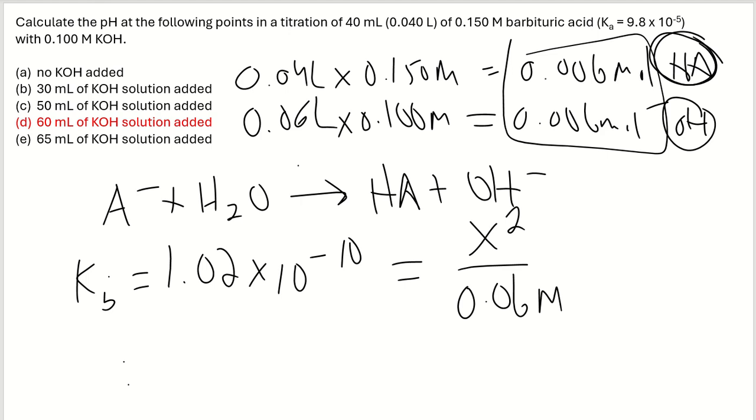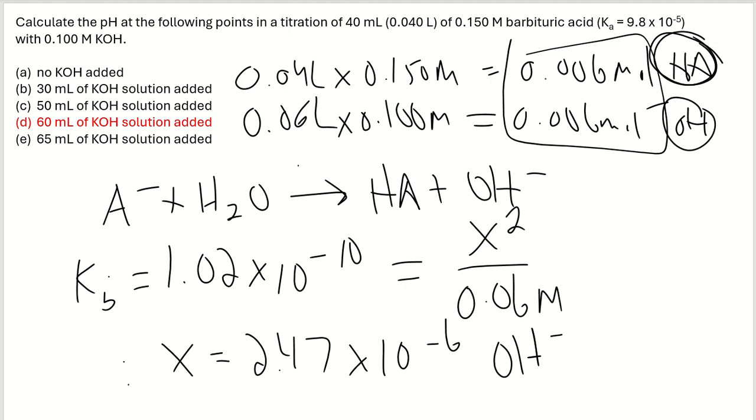So doing the math, we multiply Kb times 0.06, and then we take the square root of that, and what we get is x equals 2.47 times 10 to the negative 6th. Now that is my OH minus concentration.